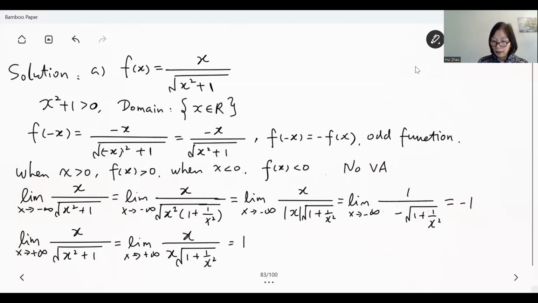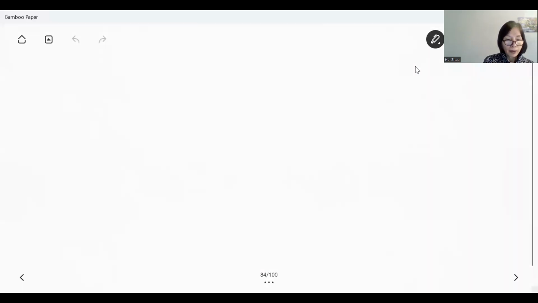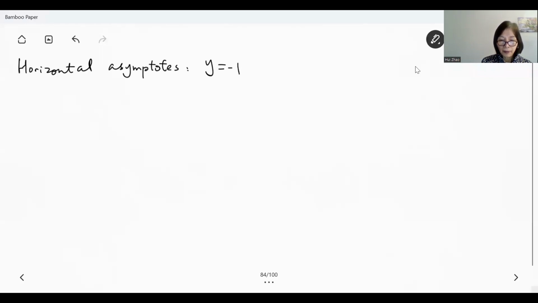That means there are two HA, horizontal asymptotes: y equals negative 1 and y equals 1. No VA, right?